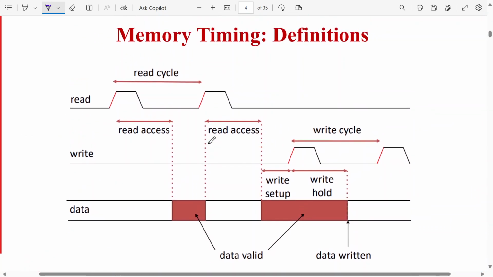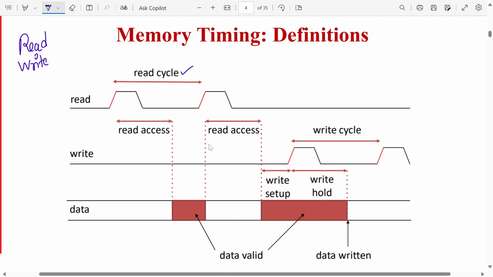Let us also see some memory timing definitions. So you have a memory location. You either read from a memory location or you write into it. Let's say we have two read pulses, and between those two read pulses we have a read cycle. So the distance between the two read pulses is called a read cycle.